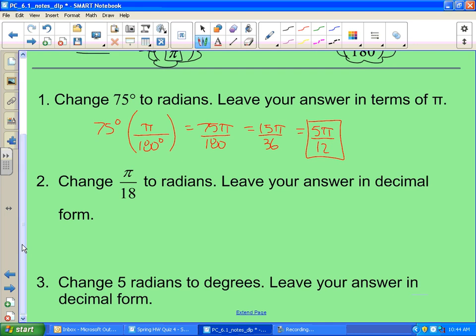What about going the other way? Started with radians, so I want to end up with degrees. So that means my degrees need to be on the top, and my radians need to cancel with each other. So I have this. And I want radians to disappear. That means pi needs to be down here now. And 180 shows up.